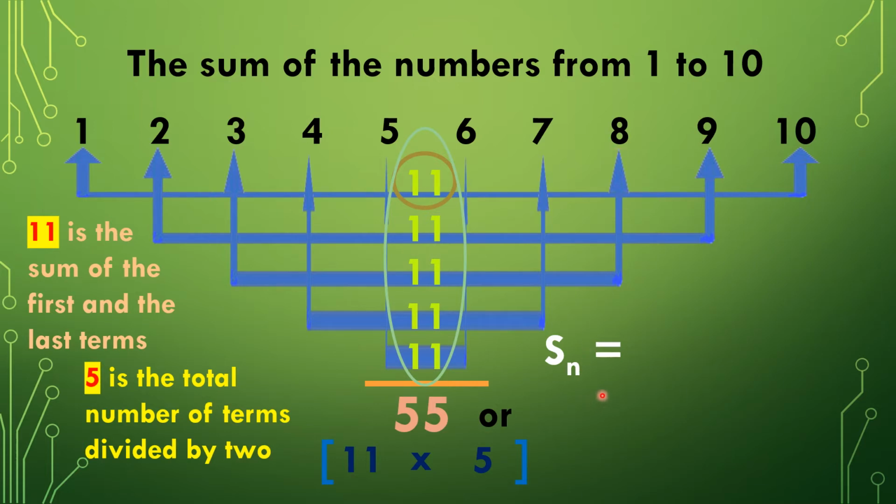Therefore, the sum of the first n terms in an arithmetic sequence is the first term plus the last term multiplied by the number of terms divided by 2.